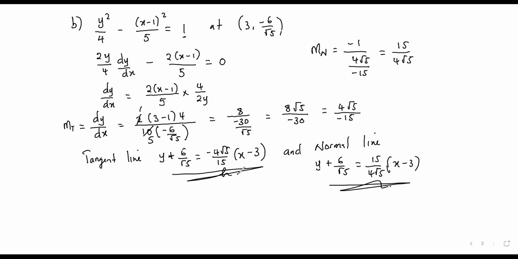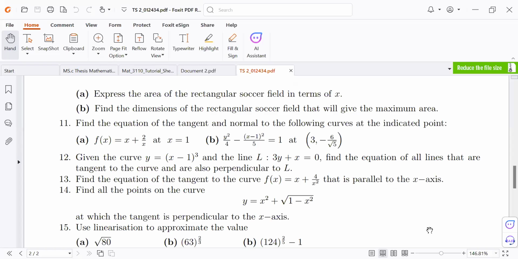What does it say? Given the curve y is equal to (x minus 1) to the power 3, and the line 3y plus x equal to 0, find the equation of all lines that are tangent to the curve and are also perpendicular to L, the given line.